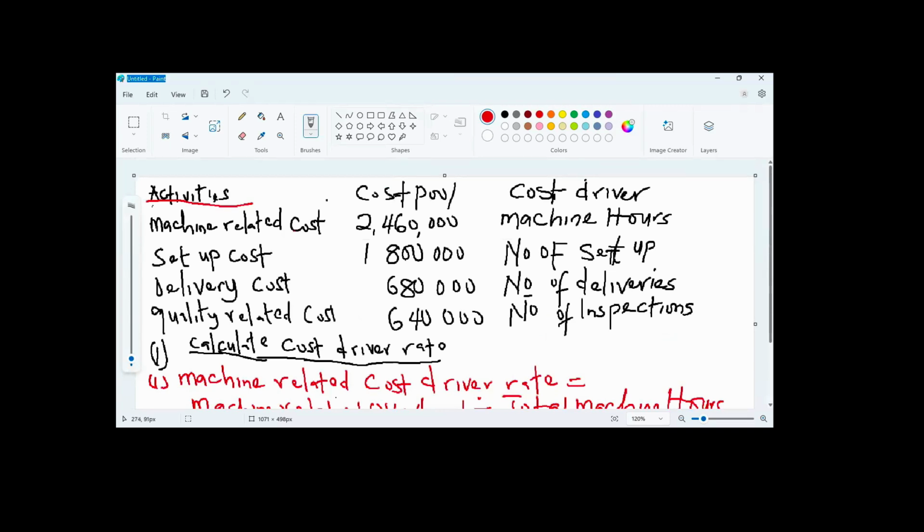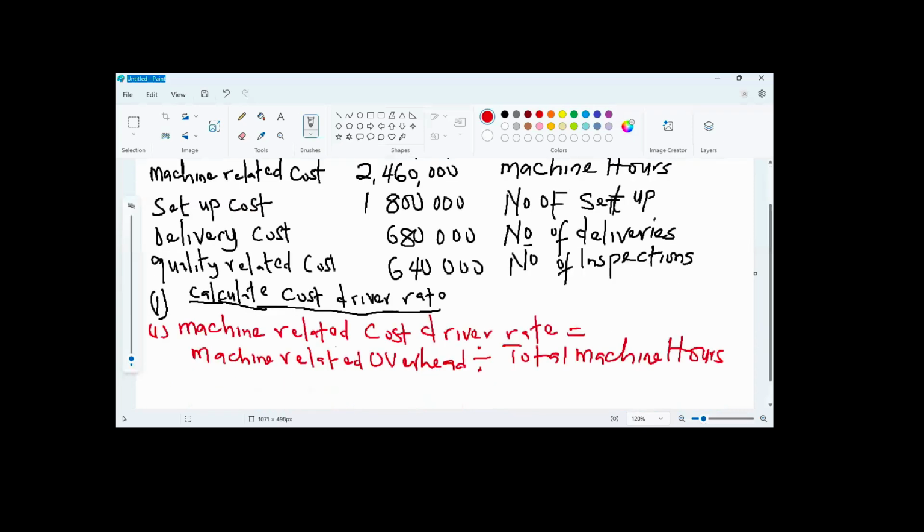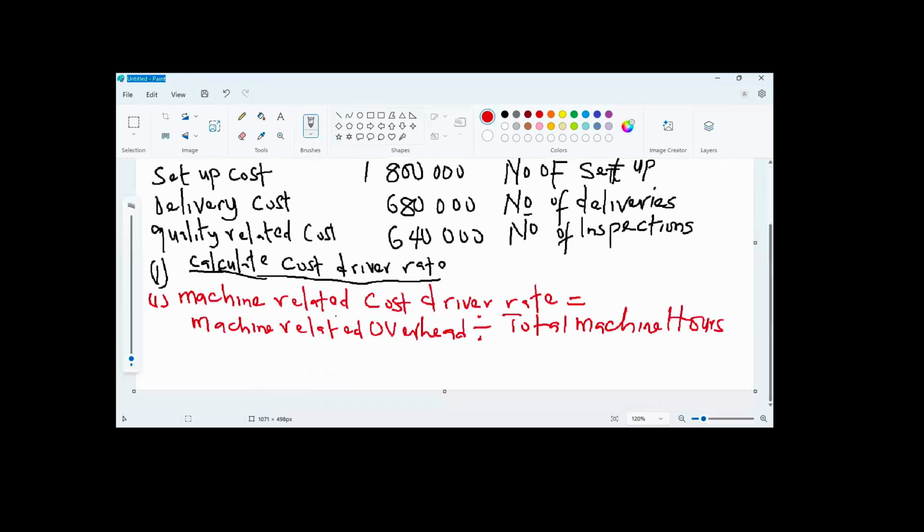But we need to now go and calculate total machine hours. This will take a lot of space.